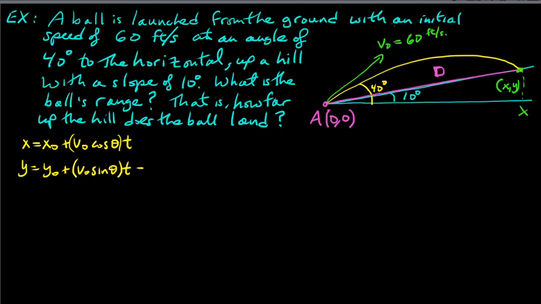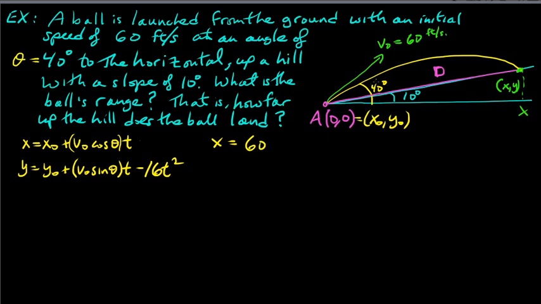Since we know the velocity is in feet per second, we'll use the same half of 32, so 16t squared here. And we're assuming that x0 is 0 and y0 is also 0 since it's from ground level. So that means x is really just, let's see, v0 is 60, and theta is this 40 degrees.